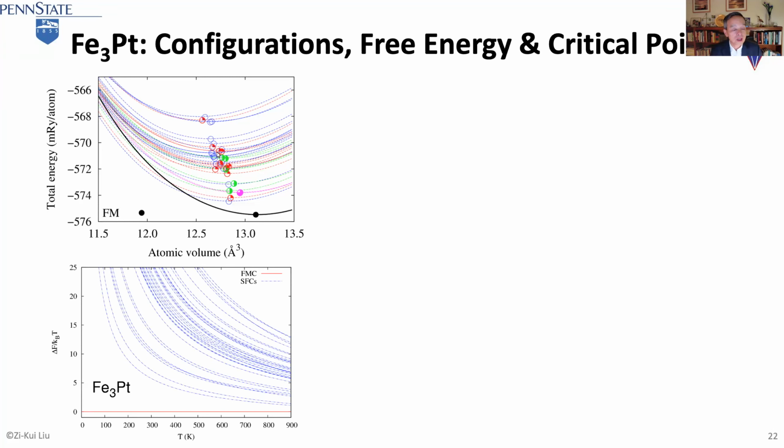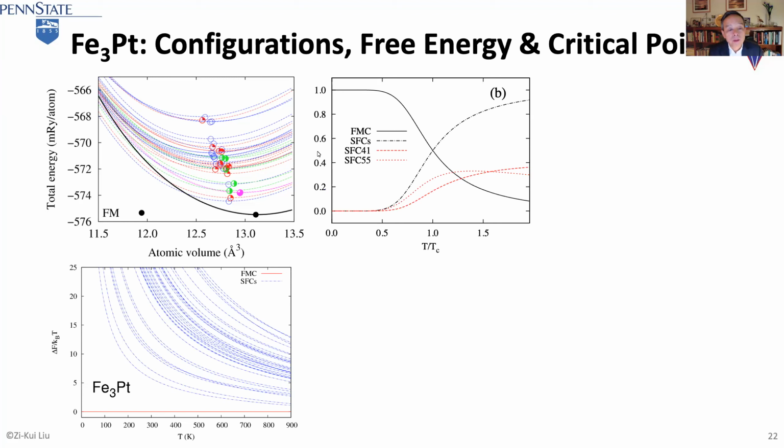Again, that's because for the non-ground state configurations, the probability will increase. As we show here, there are probabilities of the different configurations. At 0 Kelvin, it is 100% ferromagnetic state. However, as temperature increases, you can see the percentage decreases, even though it is still the lowest energy state.